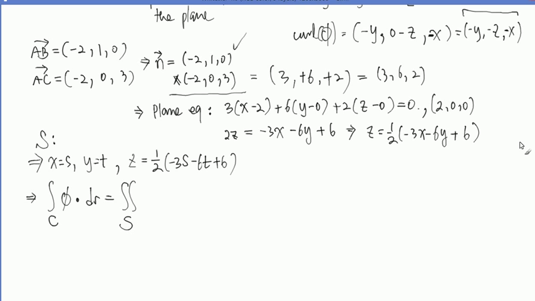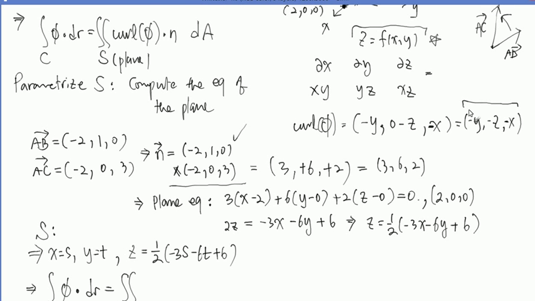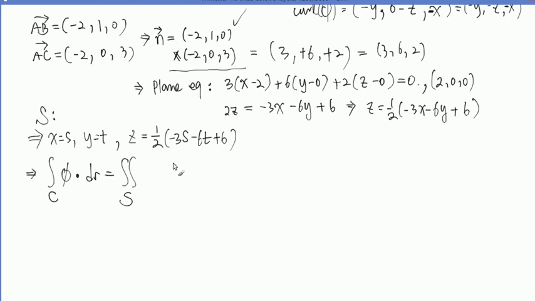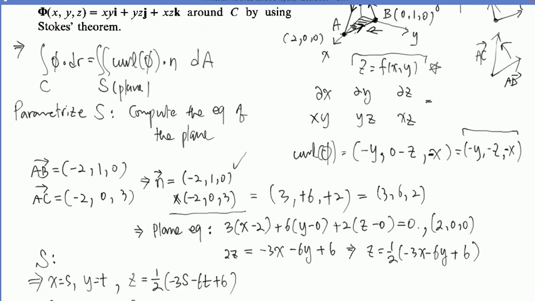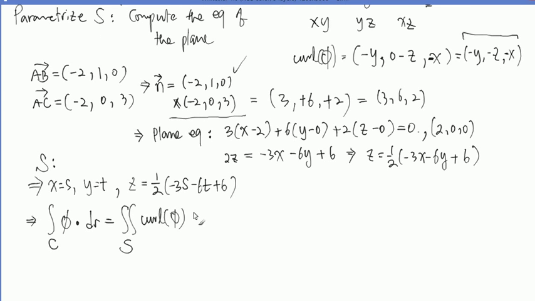The surface we chose that has this boundary, and the curl of the vector field we started with, which was this xy, yz, xz, but we calculated here, dotted with n dS. Sorry, this is supposed to be n. Thank you.